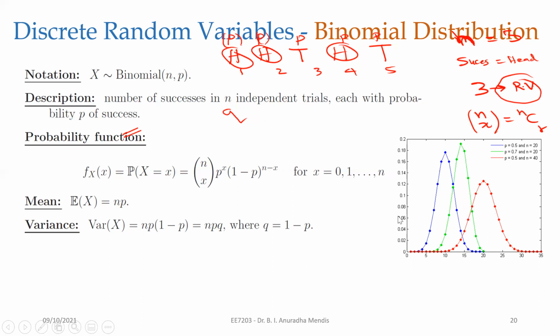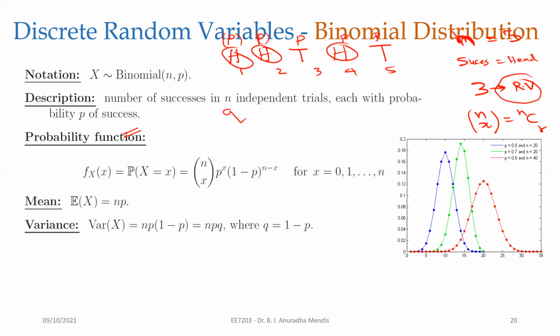And the probability of having a number of successes will be with very high density when you have a high p-value. So you can compare these three curves with different p-values and different n-values, and get an idea about the probability distribution of the binomial distribution.